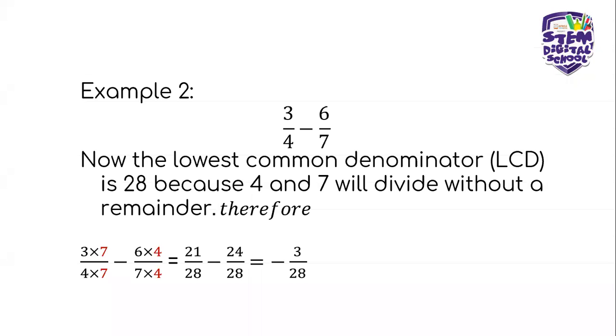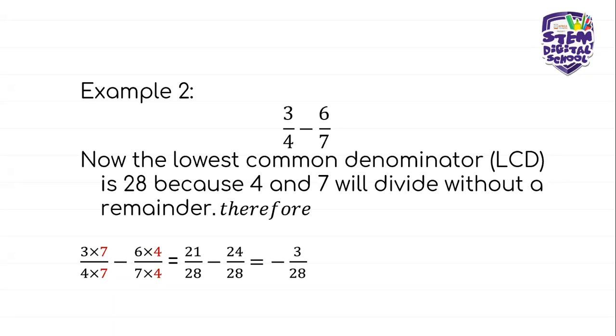Now, instead of subtracting 6 from 3, because of the misconception that has been created over some time, some of the learners will minus 6 from 3. They will say 3 minus 6 is negative 3, and then 4 minus 7 is 1. So the learner will say the answer is negative 3 over 1, which is not correct.